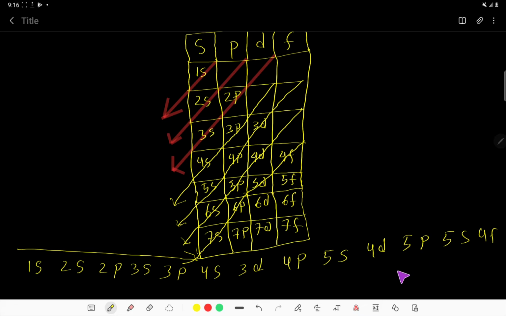Then we need to write 5d, 4f, then 5d, then 6p, then 7s.